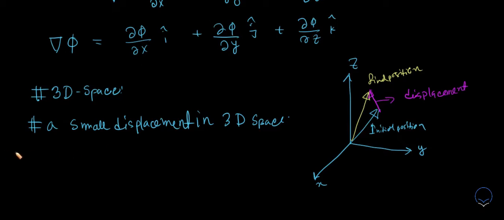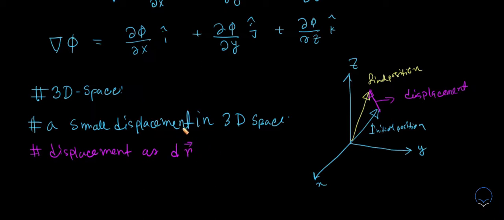Let's call this displacement dr, and you can give it an arrow to indicate that this is indeed a vector displacement.